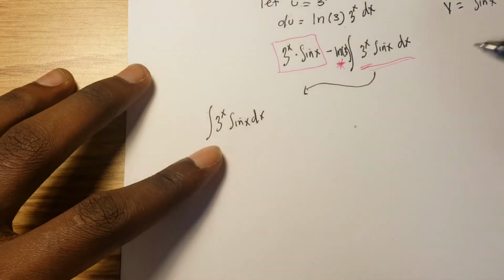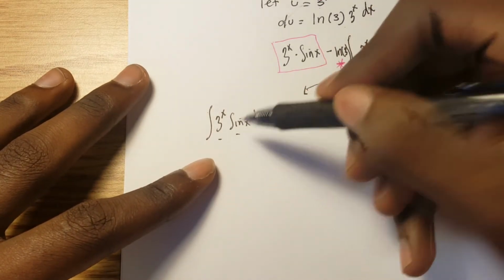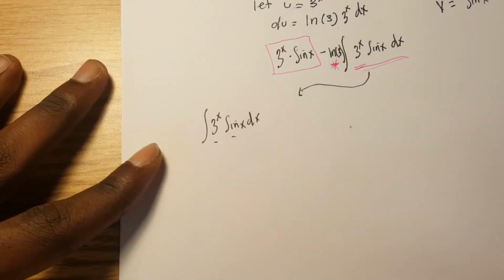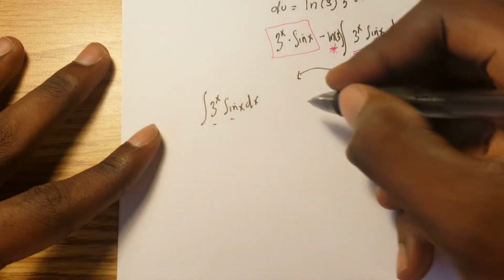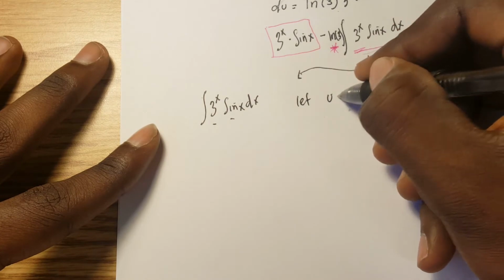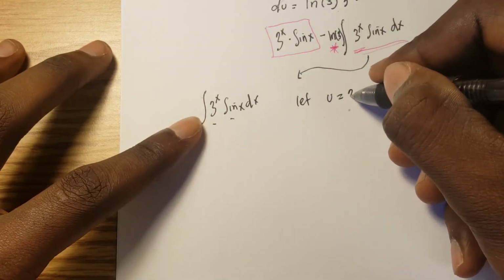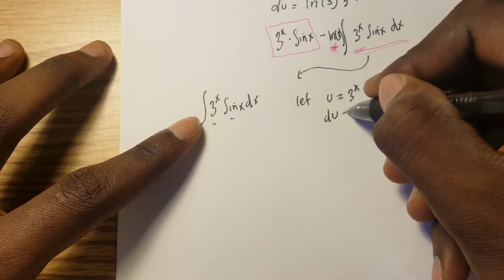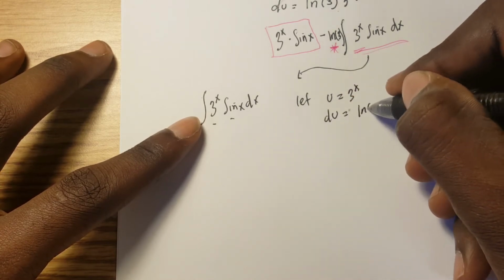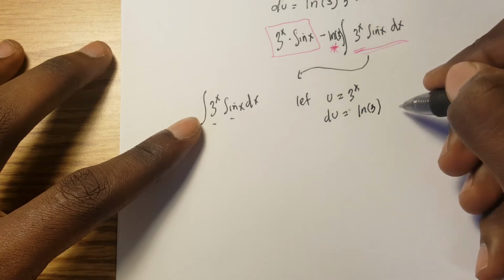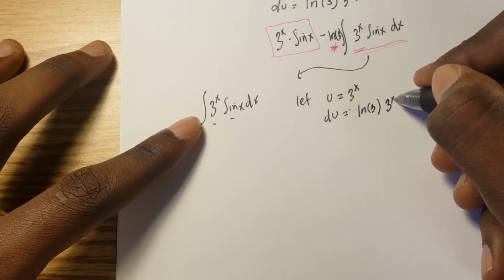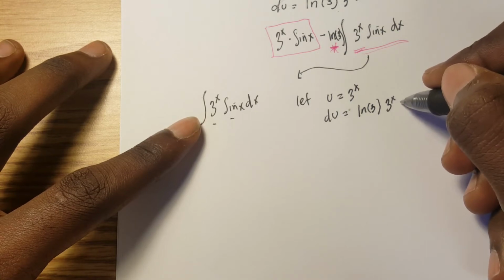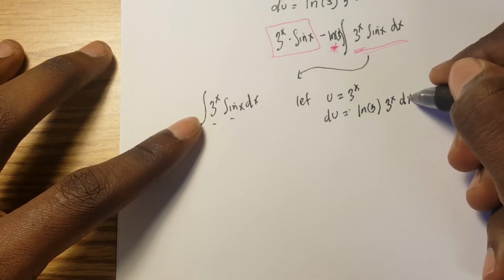So you can also see that there are two things multiplying again. So we will try integration by parts. So we will let our u be equal to 3 to the x, because we know how to differentiate that. The du is equal to natural log of 3 to the x multiplied by the differential of the exponent, which in this case is 1 dx.